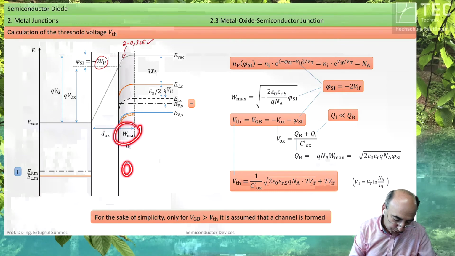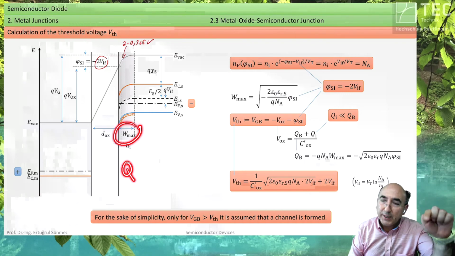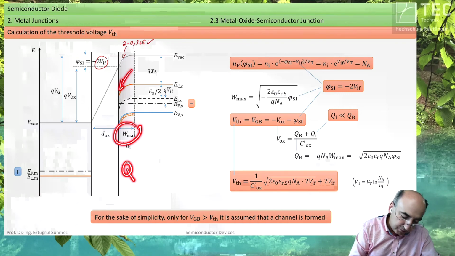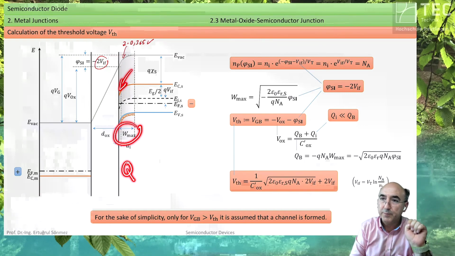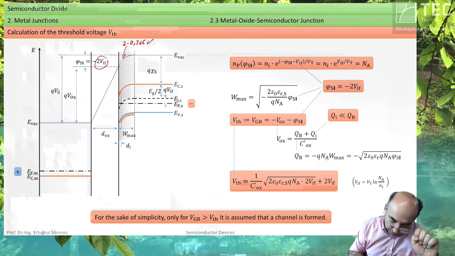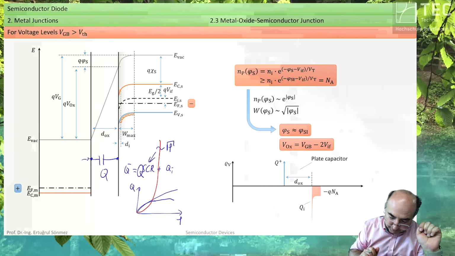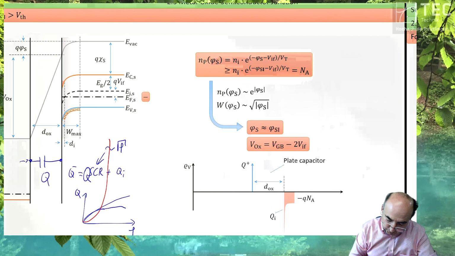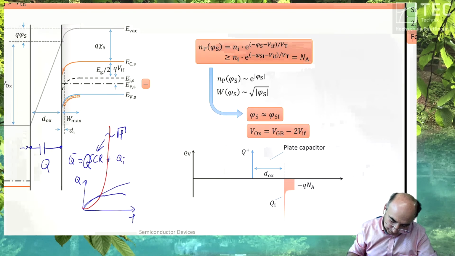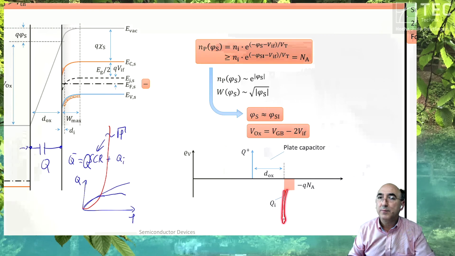If you need more Q, you get it from the inversion charge because the inversion charge increases exponentially. Then you can easily calculate your channel concentration, and the channel concentration is defined by Qi.